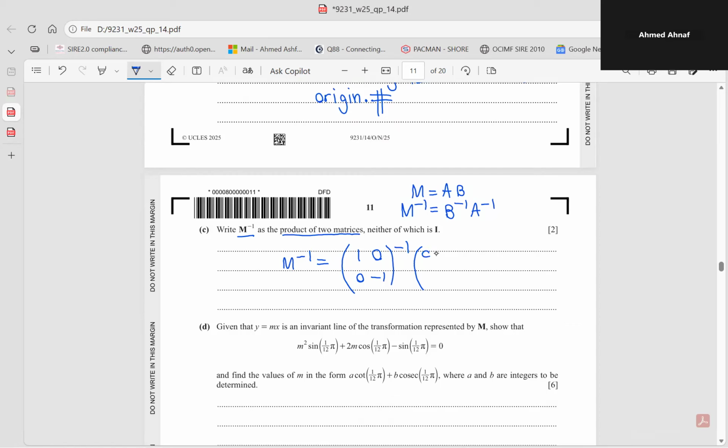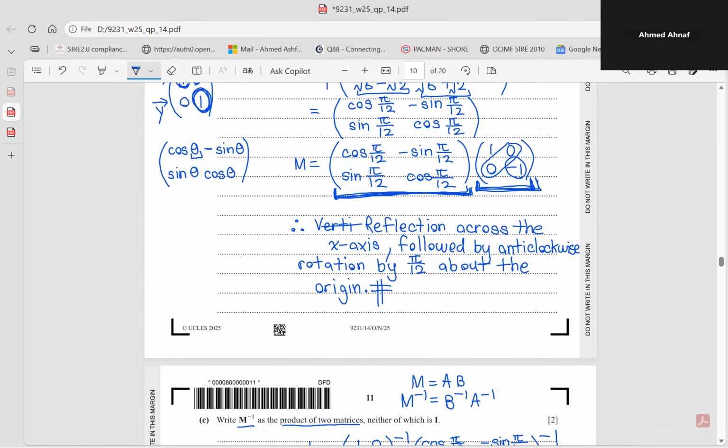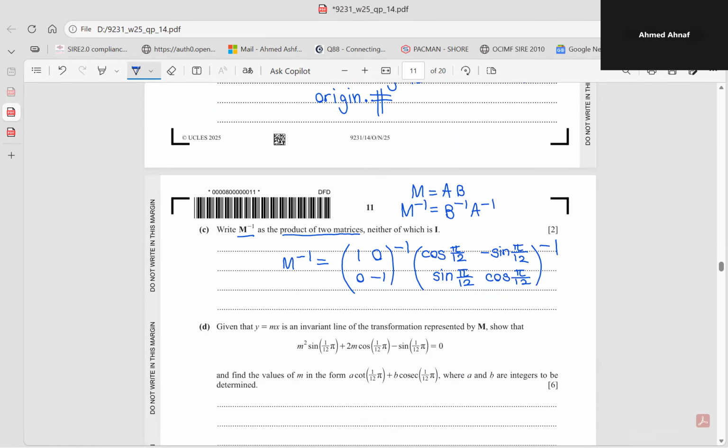So this is just cosine pi over 12, negative sine pi over 12, sine pi over 12, cosine pi over 12 inverse. Yeah, so this would be all for part C.